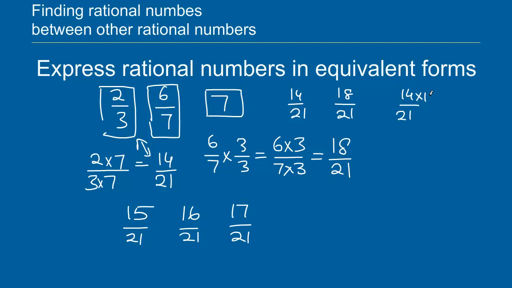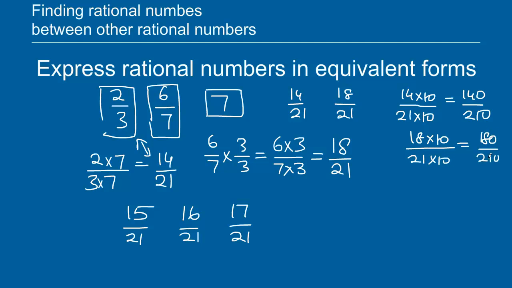And my favorite larger number to go to is 10. Because if we do it this way, 14 by 21, we can write this as 140 over 210. And 18 by 21, we multiply both by 10, this becomes 180 by 210. Now we can easily find our numbers between these two.